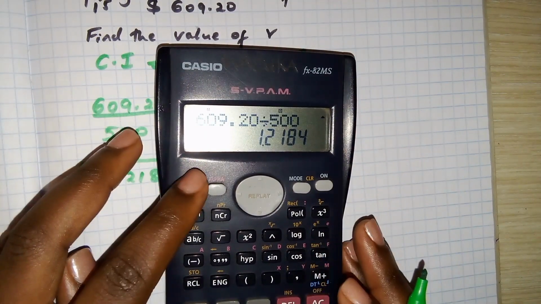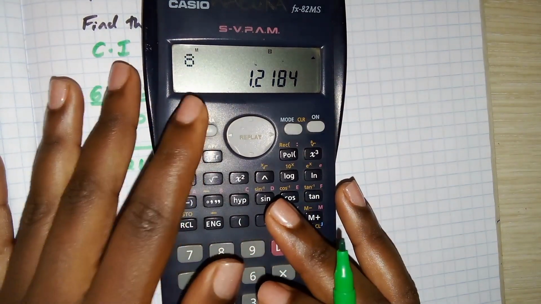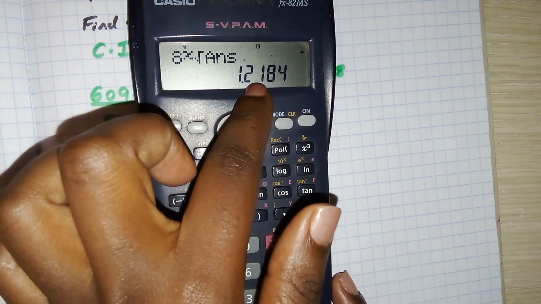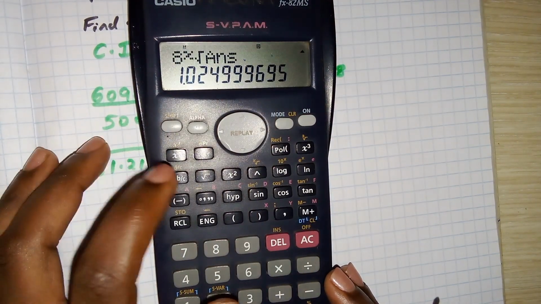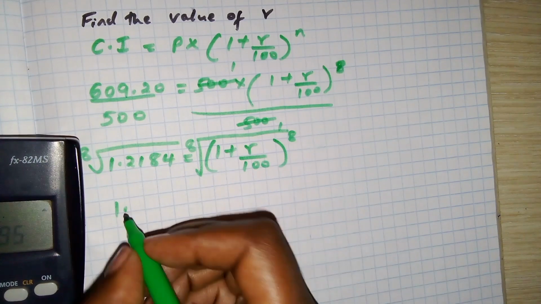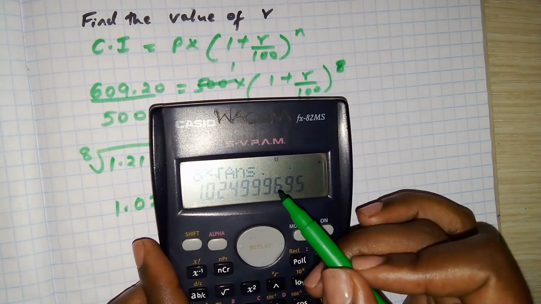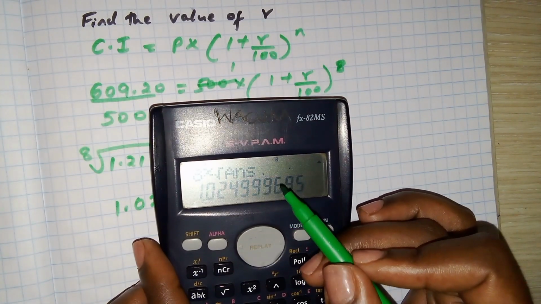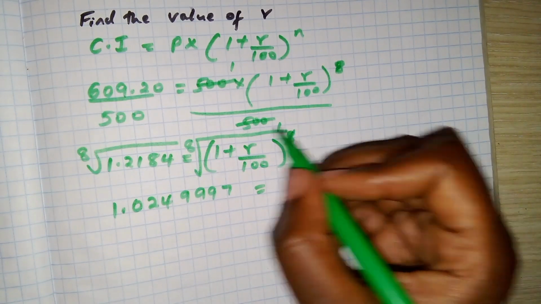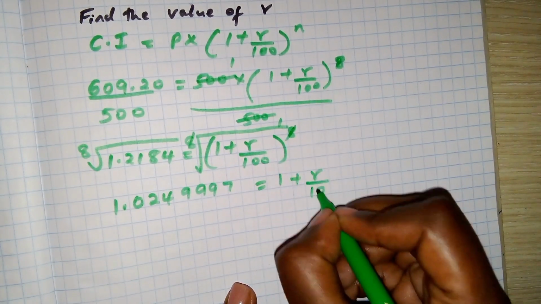So we do shift, 8, and that sign, and then the answer, because the answer was already there, 1.2184, so that will give us 1.0250, let me write it here, 1.024997, I'll just put it until here, so this one will round up to 7, equals, so when you do the 8th root, this 8 and this 8 would cancel and you're left with this without the power, so 1 plus R over 100.